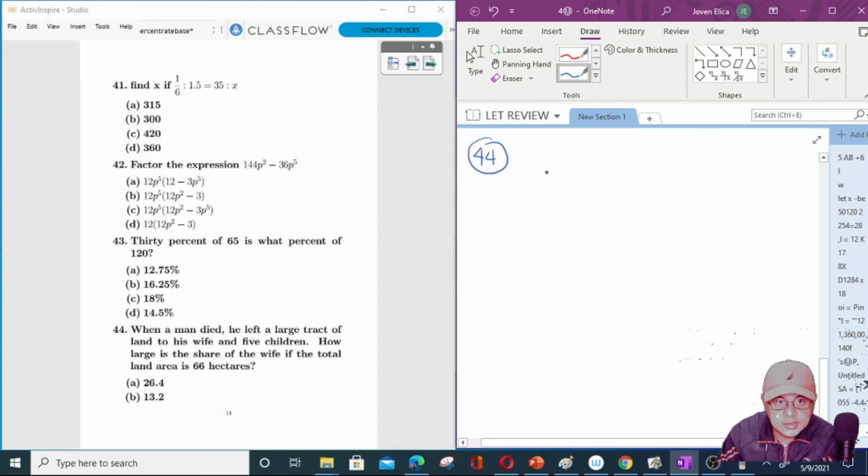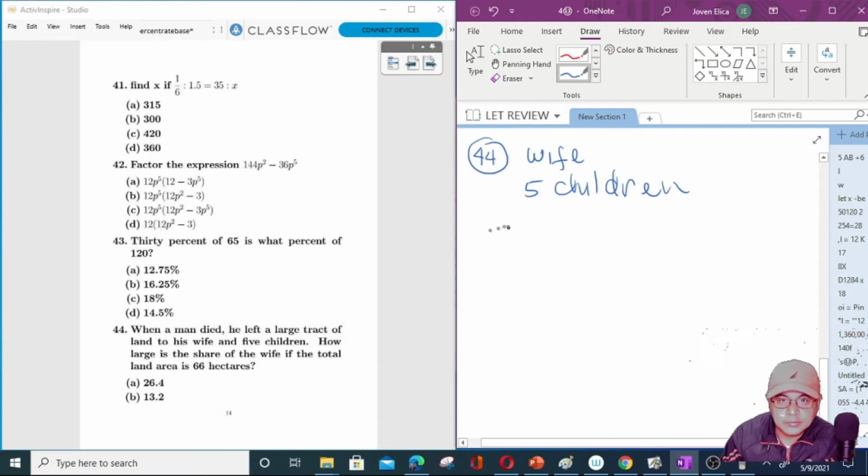How large is the share of the wife if the total land area is 66? So the wife and then 5 children. So this is just a tricky question. No formula involved, it just involves analysis.